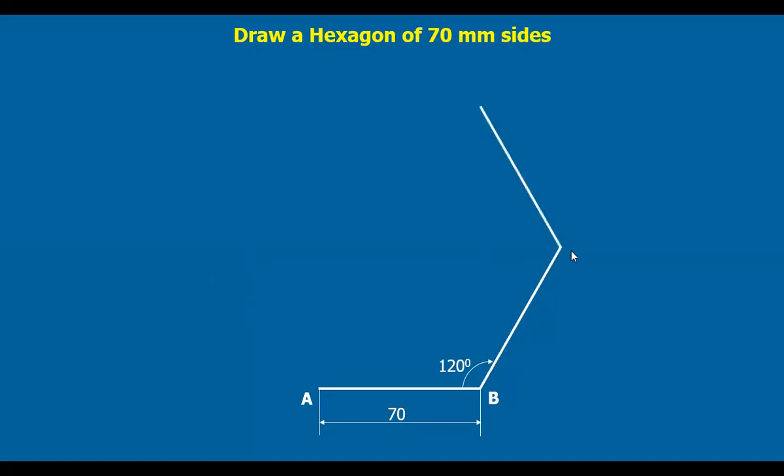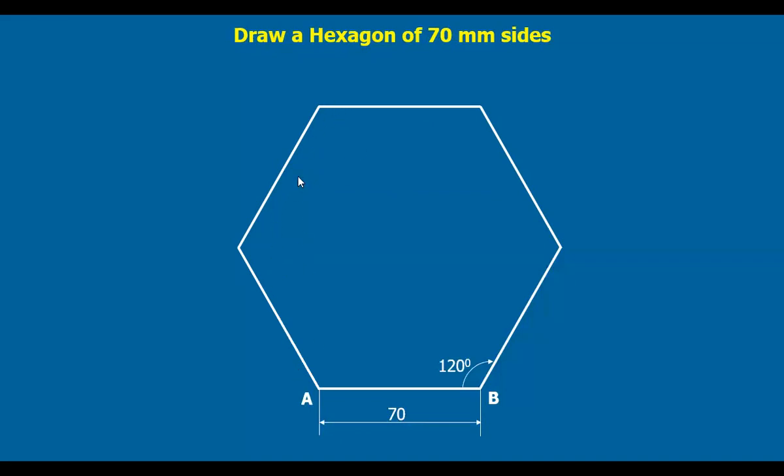That gives one point. From here, again draw a line at 120 degrees and mark 70 mm. And from here, this angle is 120 degrees, draw a line and mark 70 mm. Like this, you continue. All these angles are 120 degrees. You go on marking until it exactly closes the polygon.